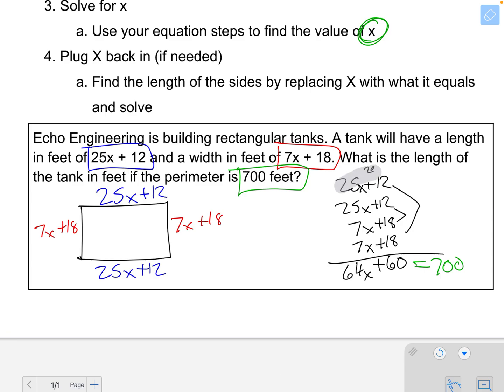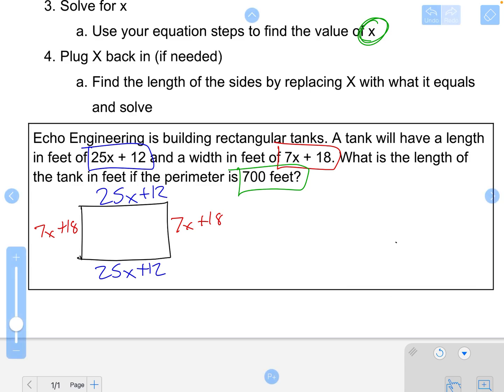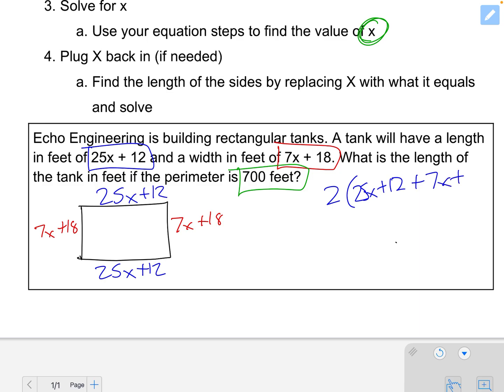Another way that we can do it is we can use one of our formulas. And so if we have our formula, let's use the first one, which is 2 times length plus width. So we know our length is 25x plus 12 plus our width, 7x plus 18. So the first thing I need to do is combine like terms.